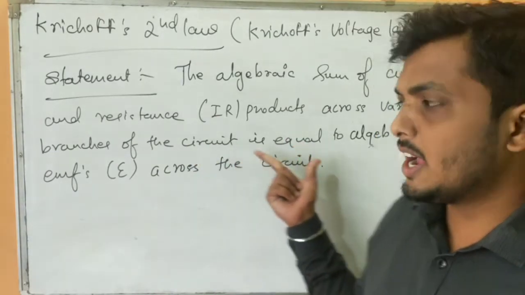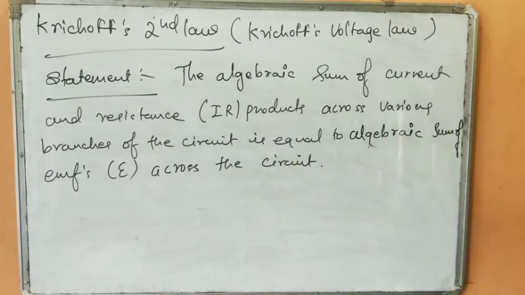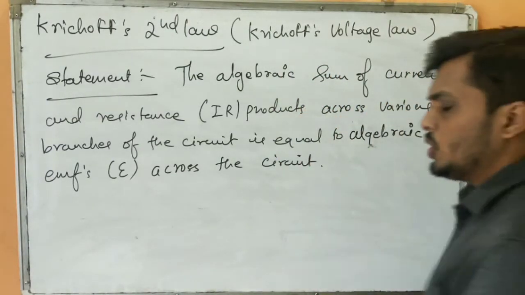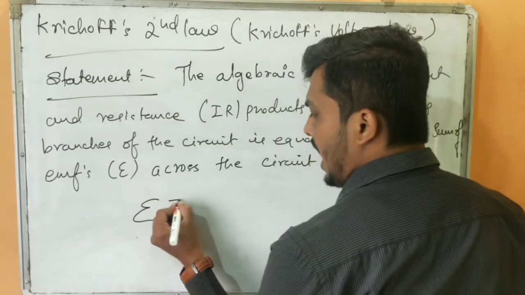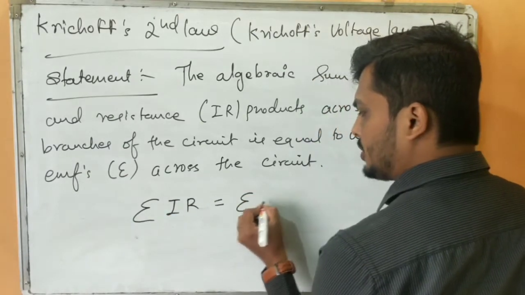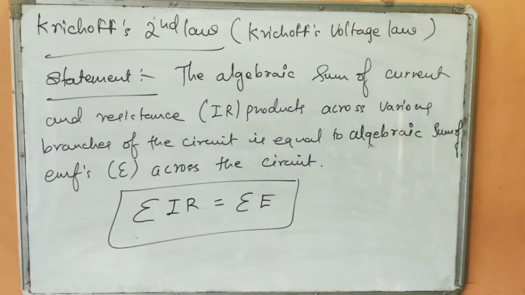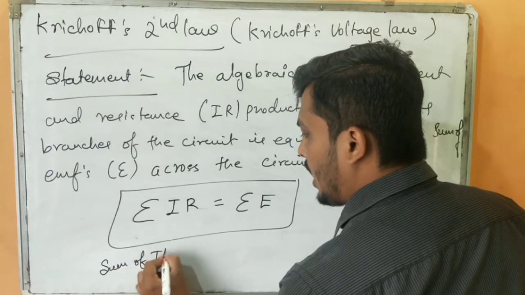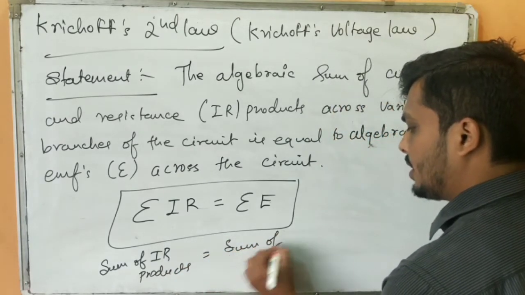When I add all those IR products, the sum of the IR products will be equal to the sum of the EMF across that circuit. In general, summation of IR is equal to summation of EMF.